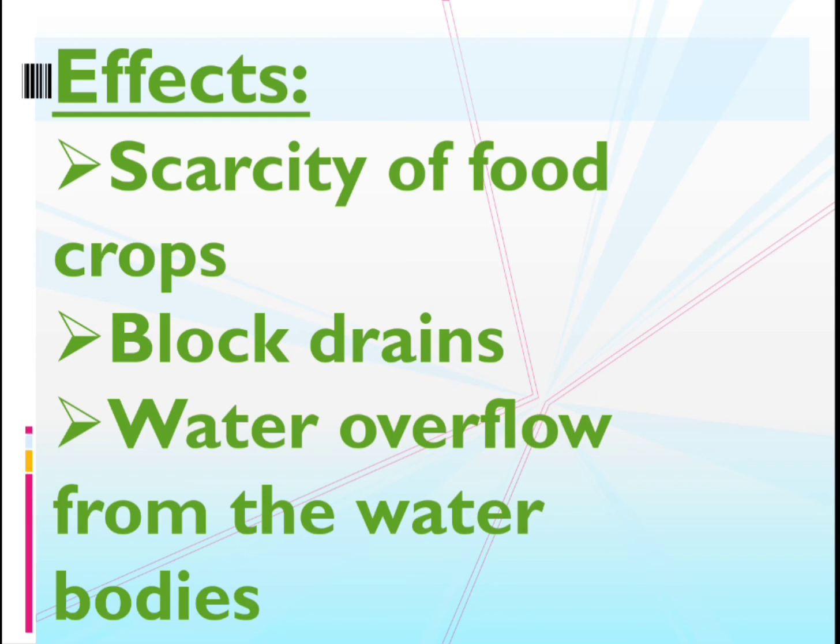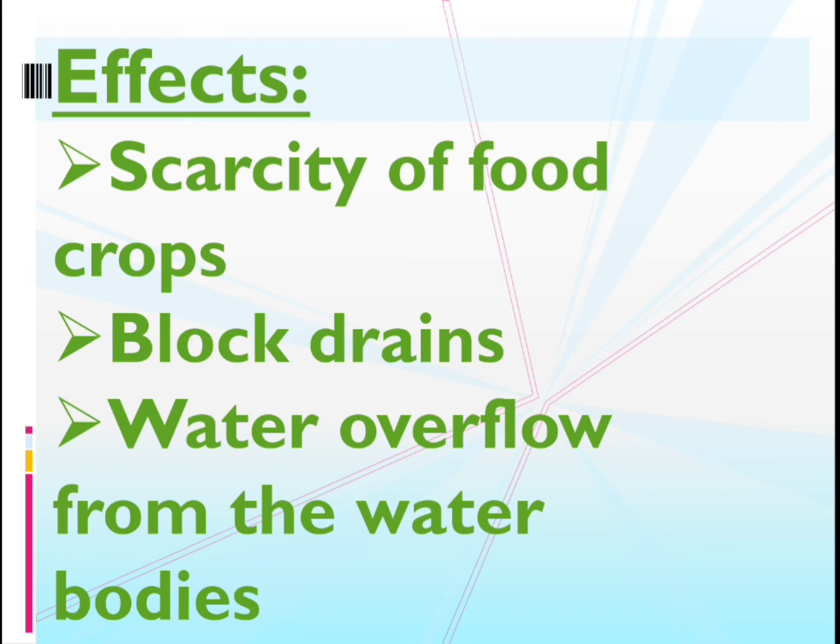So in that, if the mud gets mixed up with the water, then the drains will get closed because of the soil, isn't it? That is blocked drains. And when this soil is getting mixed up with the water and flowing into the river, after reaching the river, it settles down at the bottom of the river, isn't it?